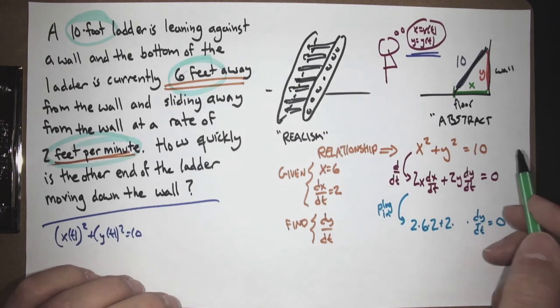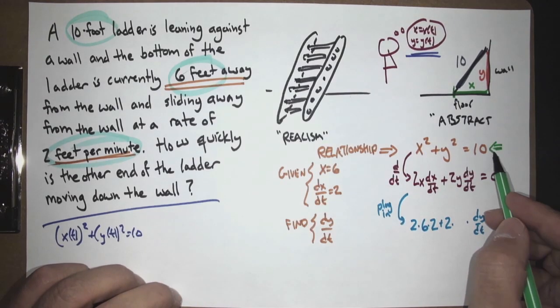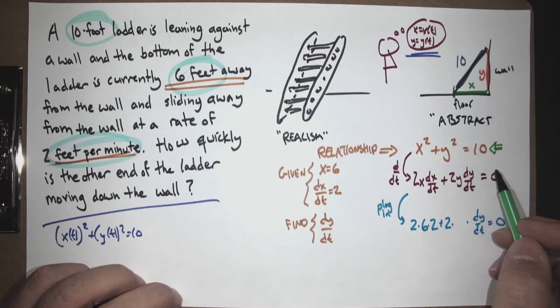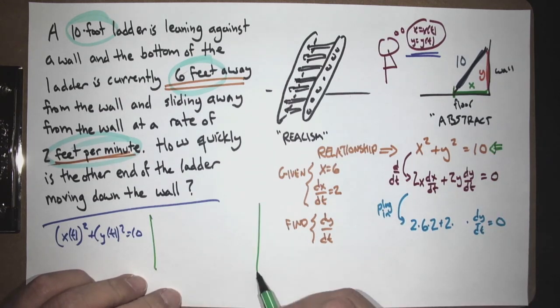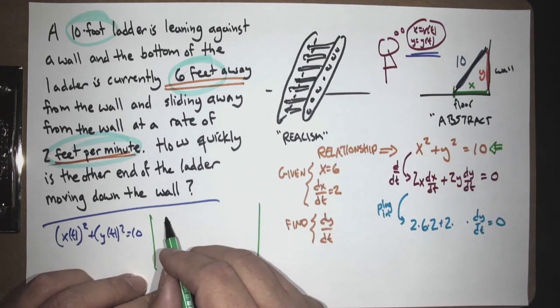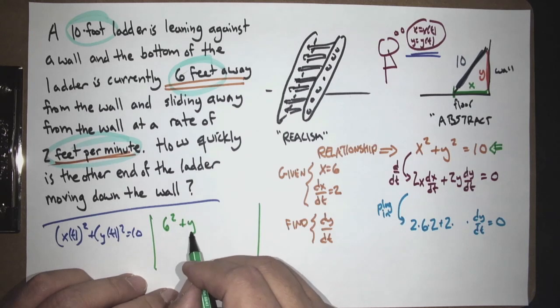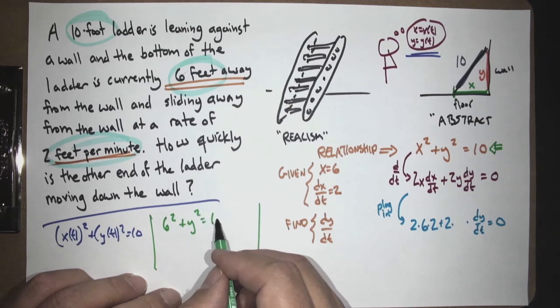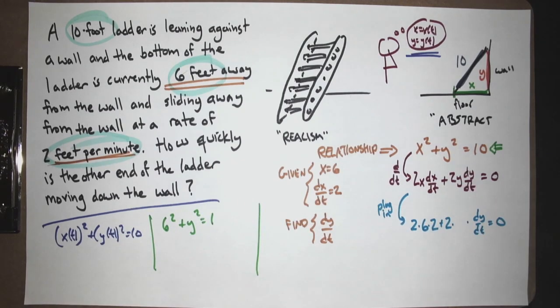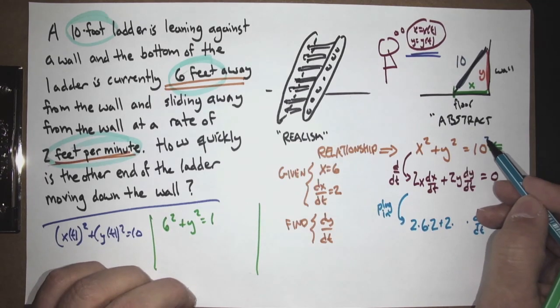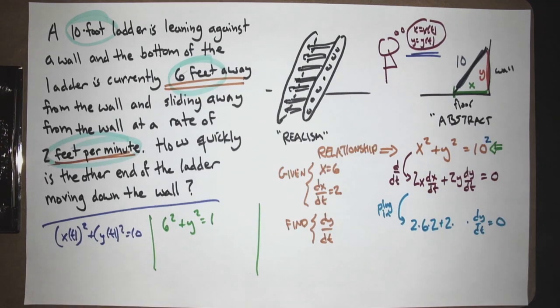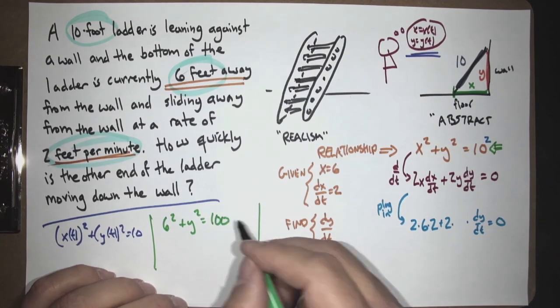We can use the relationship to get y at the point we're interested in. So we know x is 6. 6 squared plus y squared is 10 squared? 100.